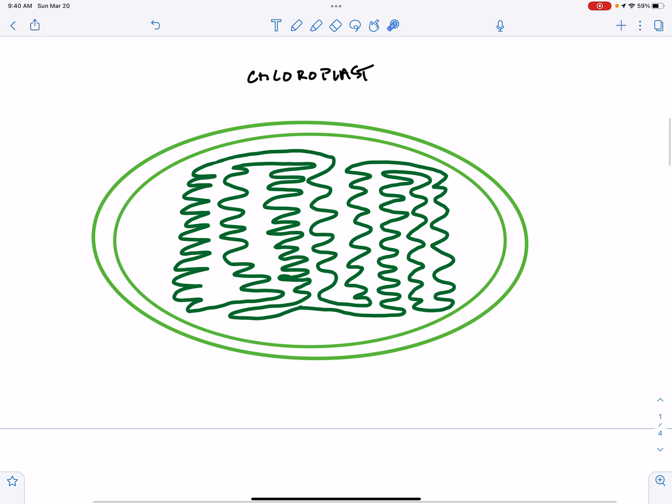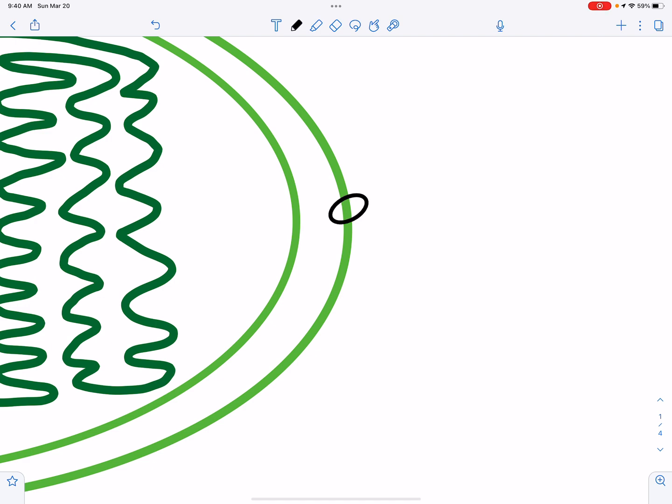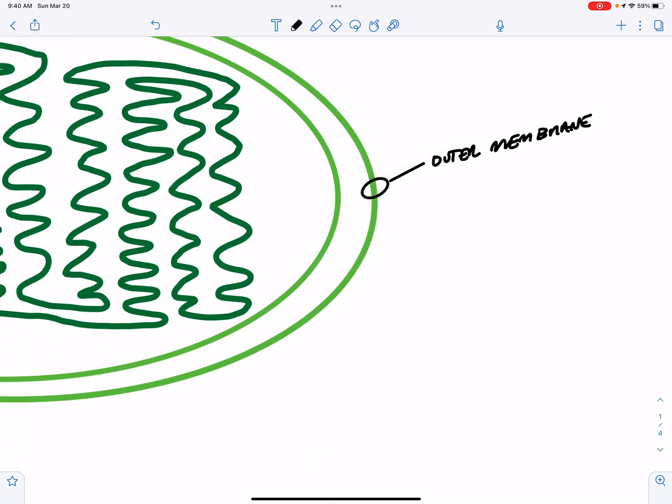Okay, so to start out, notice that the chloroplast has three membranes. This membrane is called, shockingly, the outer membrane, because it is the outermost membrane of the chloroplast.